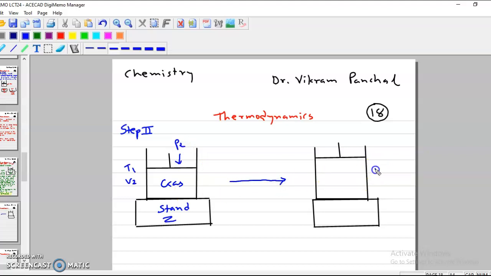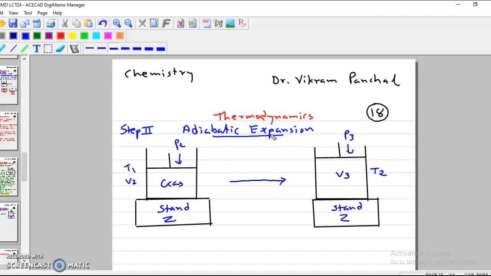Now temperature decreases, so it is no more isothermal, and volume increases because piston is moving upward, so pressure will decrease to P3. As heat is not going outside because it is an insulated system or insulated stand, it is called adiabatic expansion. So it is adiabatic expansion because without exchange of heat, volume increases.